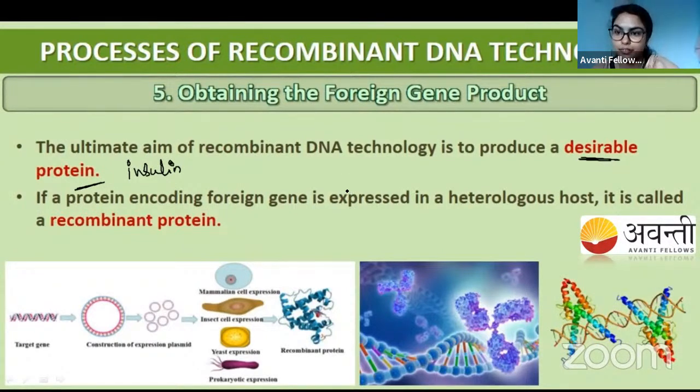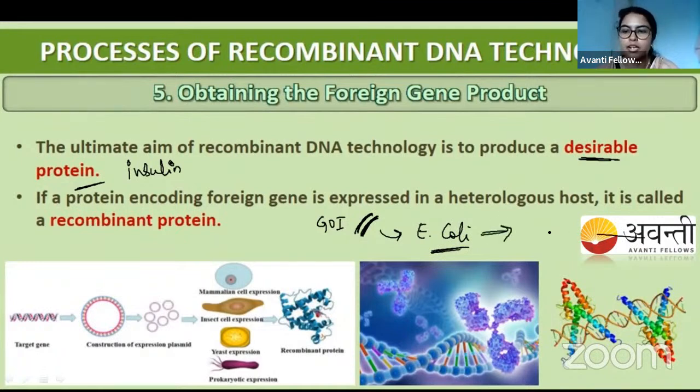When we add it. We have added the gene of interest, and that gene of interest has the ability for resistance to ampicillin. Then we put it into E. coli, so E. coli now has the ability for ampicillin resistance. How did this happen? Look, when there is a gene, ultimately its protein will also be made, right? So we got the recombinant protein.